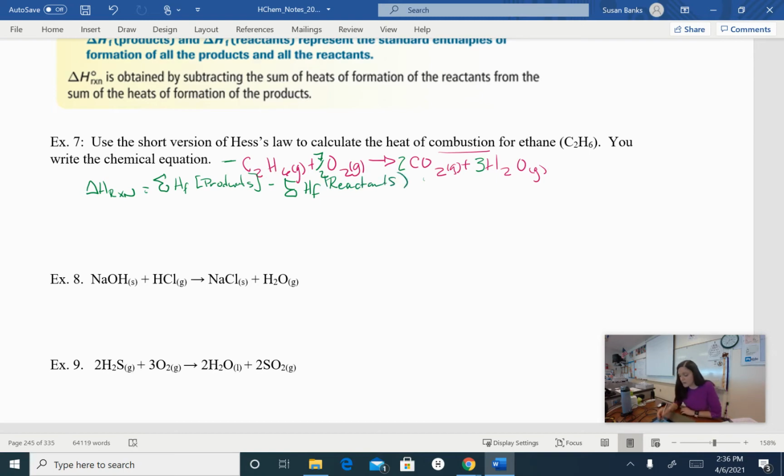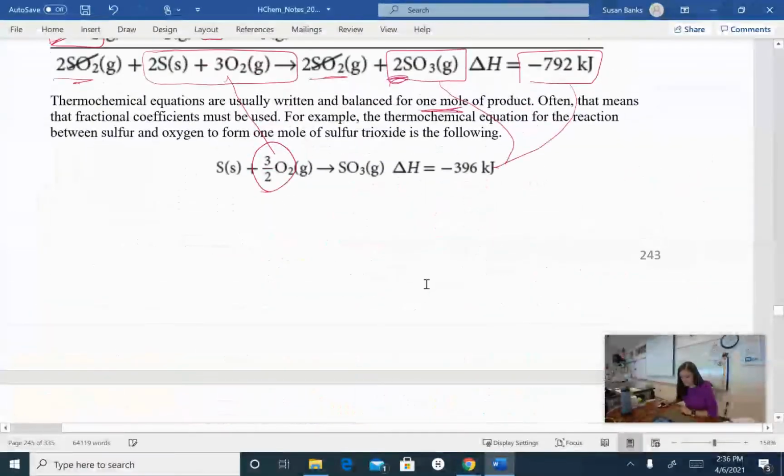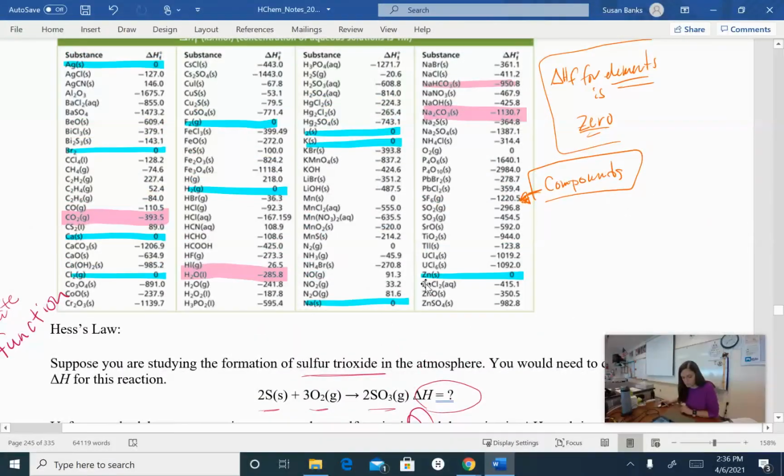Okay, so our products are carbon dioxide and water gas. So we're going to look at carbon dioxide. Do you guys see it? We've already done it. So negative 393.5. And we have water in the gas phase. So we're going to actually use this one, negative 241.8.